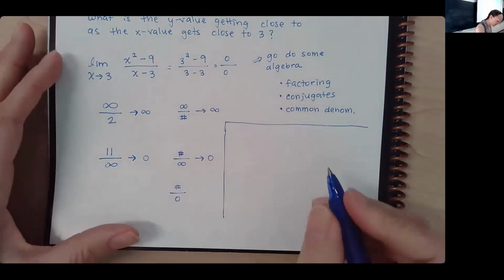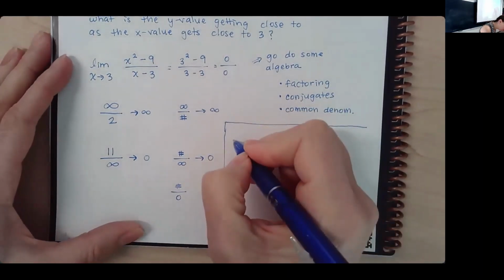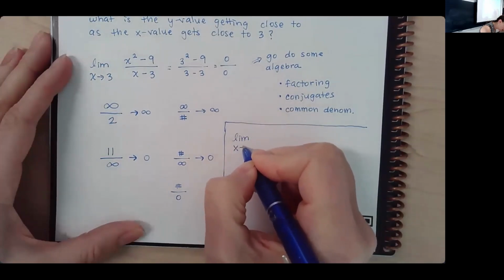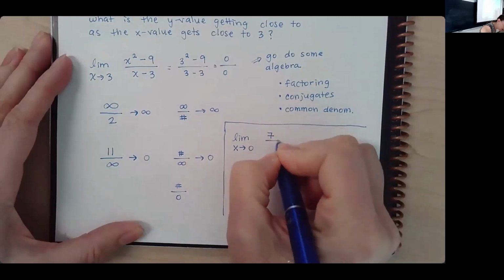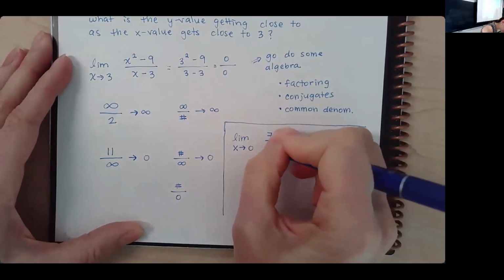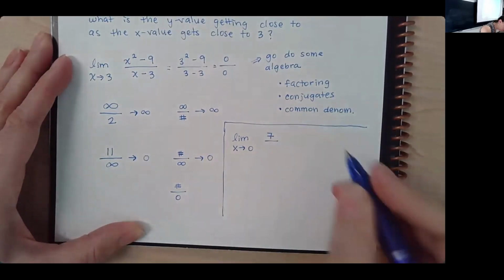I love 7s also. So I'm going to look at the limit as x approaches 0 of 7 divided by x. Yes, we're taking a limit here. We should put the x at the bottom.